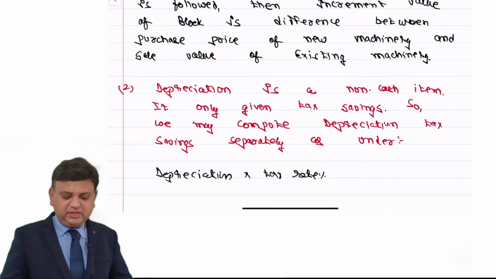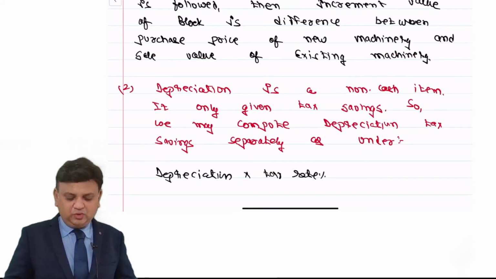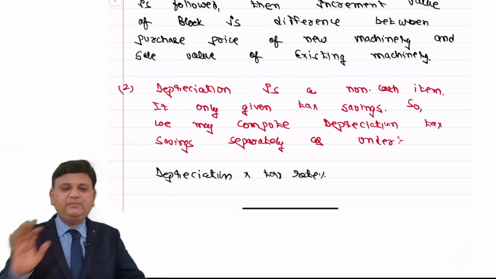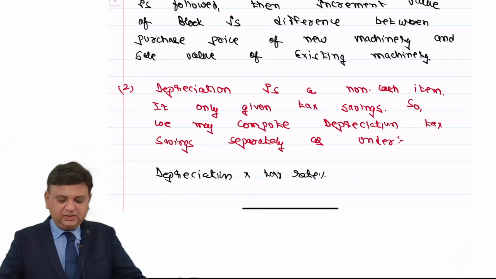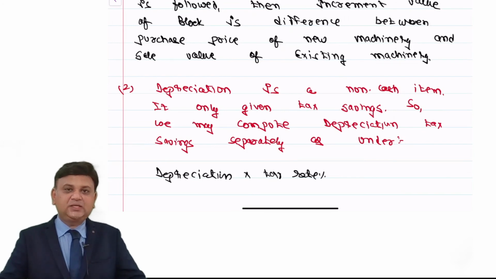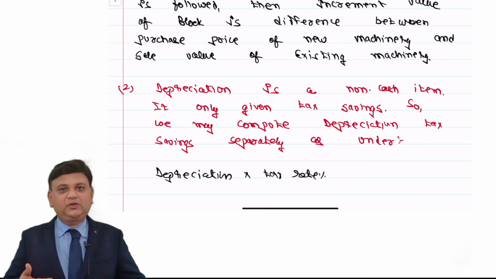Dear students, in all the questions, I do not suggest you go with this depreciation tax saving method, because there is a small limitation of this method. If there is a loss in the initial years, then the depreciation tax saving would not arise if we are going to carry forward the loss.